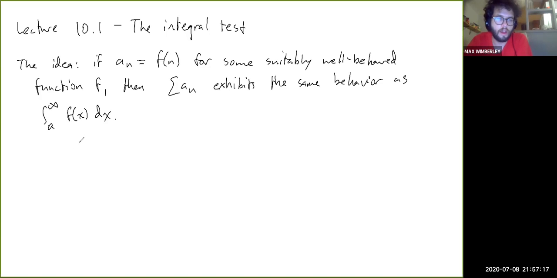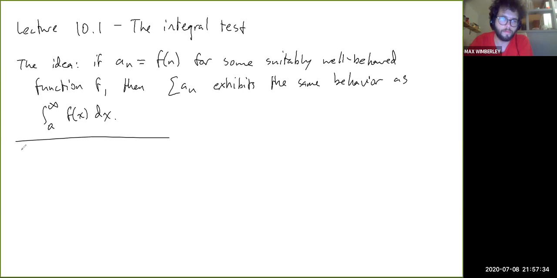Before I describe the principle of why this is true, which is not very complicated, to be honest, and we're not going to rigorously prove anything here because we haven't actually defined what an integral is, I would like to give you a couple of motivating examples.